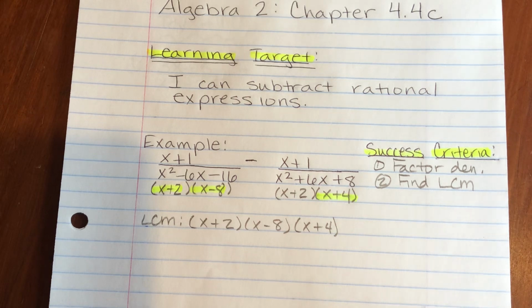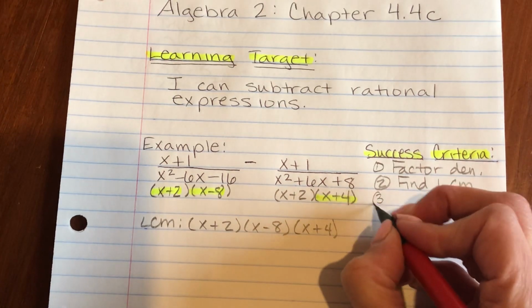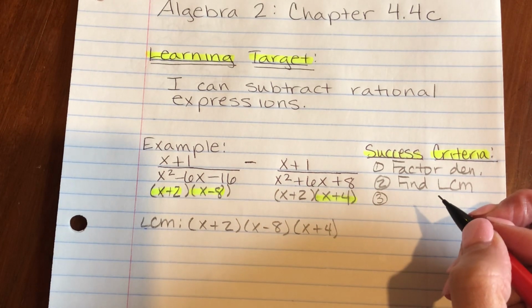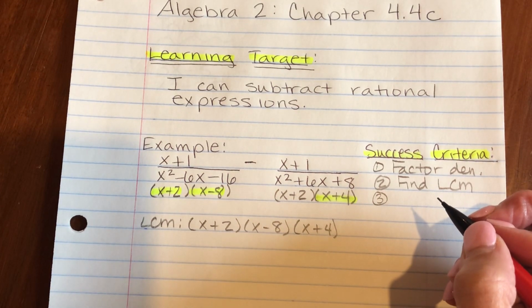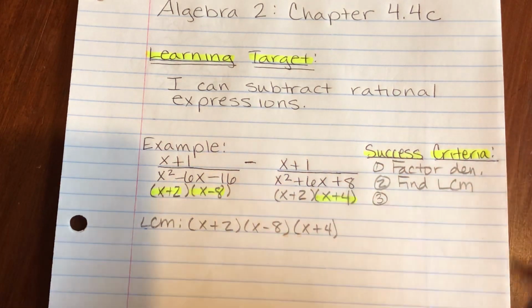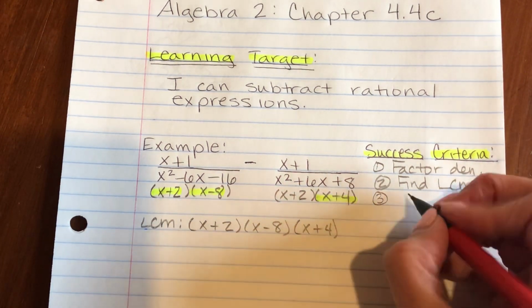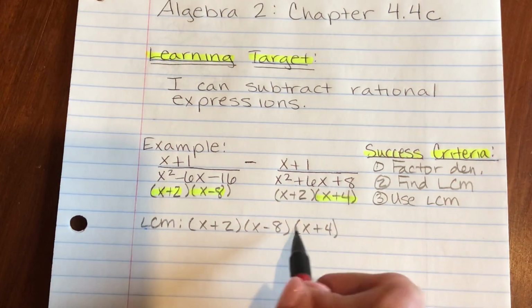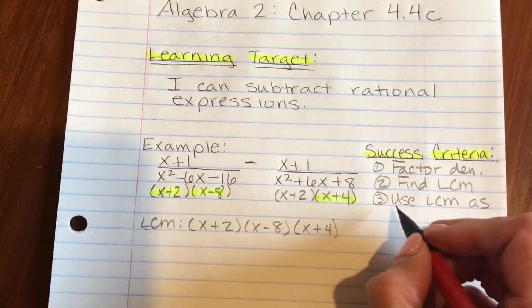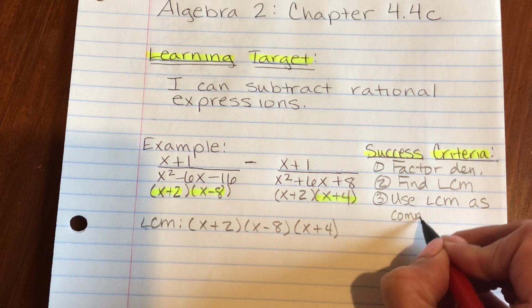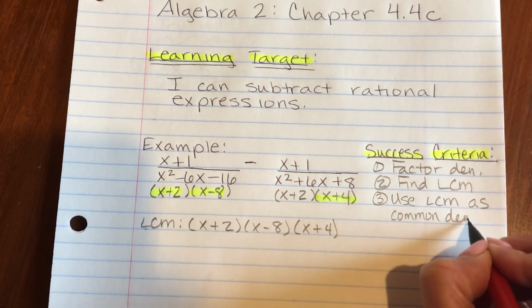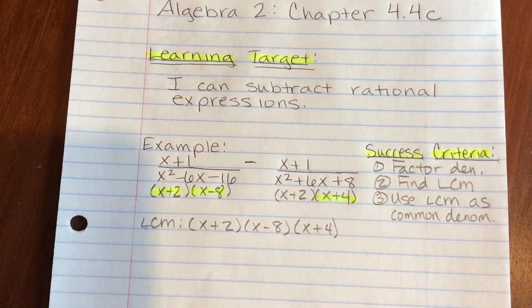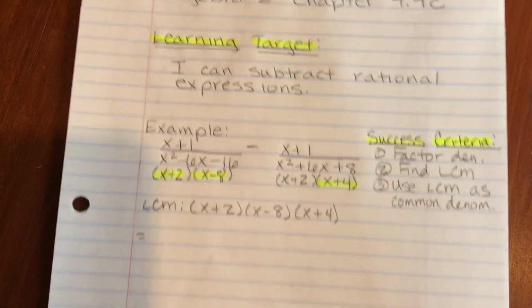Okay, we're going to use that LCM as our common denominator. So far, everything is the same as when we were doing the addition. Same success criteria to this point. So I'm going to go ahead and do that now.